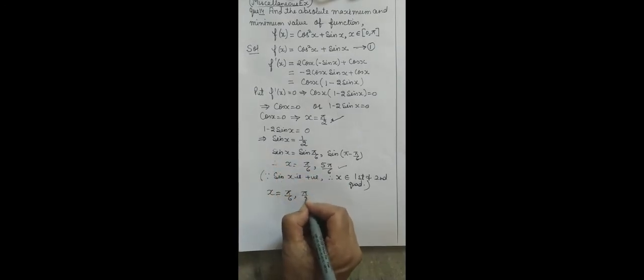So that means in total now I have obtained 3 values of x. That is, x is equal to, I am writing them in ascending order, first of all pi by 6, then I will write pi by 2, then I will write 5 pi by 6. That is, if I write them in degrees, it is 30 degrees, then it is 90 degrees, then it is 150 degrees. So let us check whether they belong to our closed interval or not. Yes, they belong, because what is my closed interval?